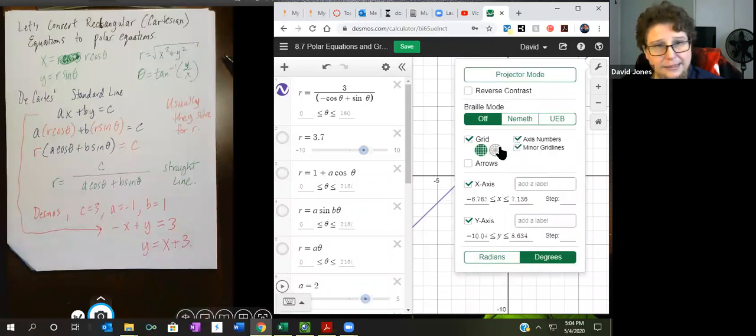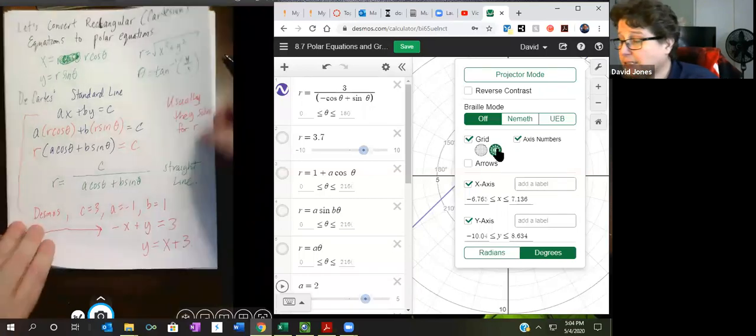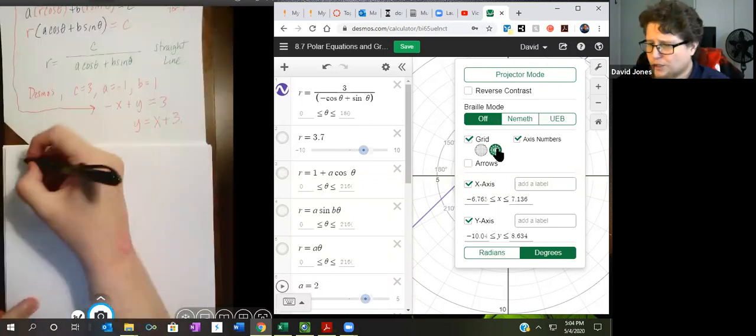So some things, like straight lines in polar, are miserable. Okay, so that's our first lesson. Not everything should be switched to polar.